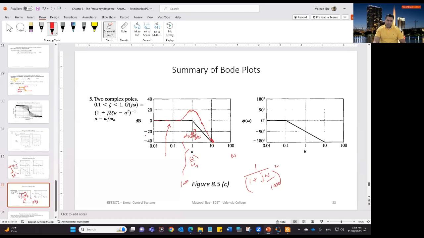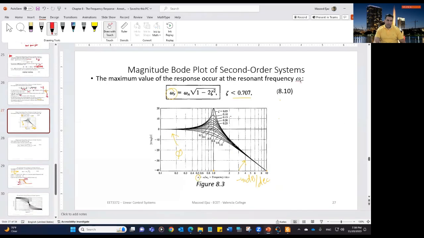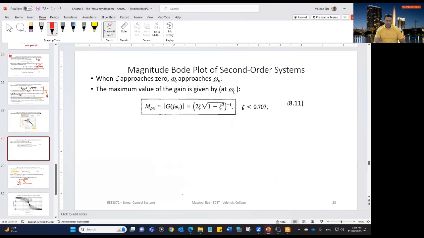The exact location of omega is not really important at this time if you're doing a Bode plot, but at least you can put down the peak value, calculated using 1 over 2 zeta times the square root of 1 minus zeta squared.